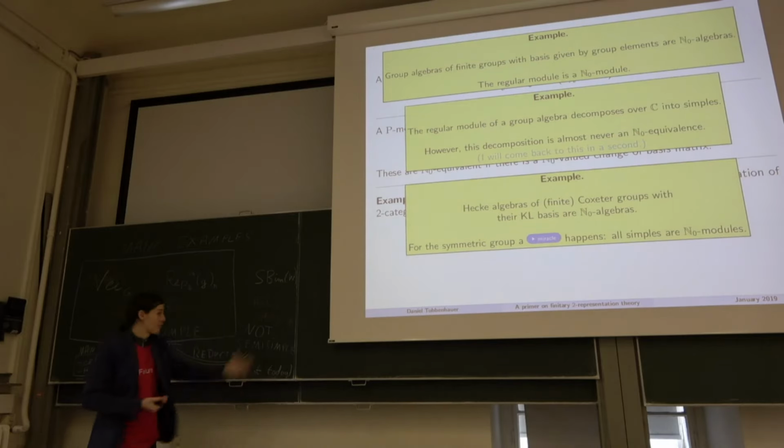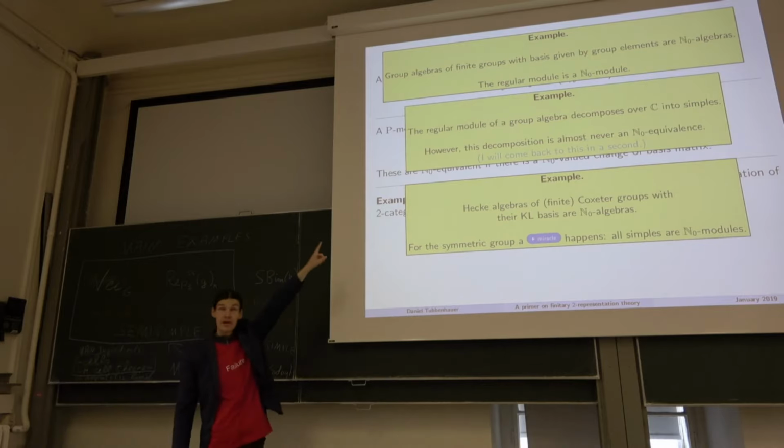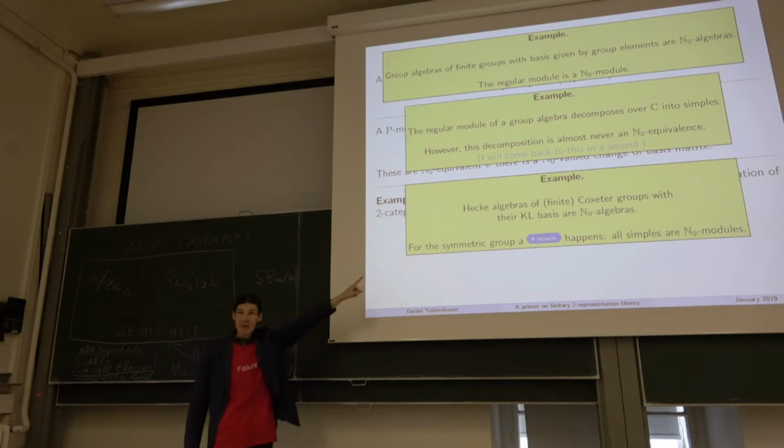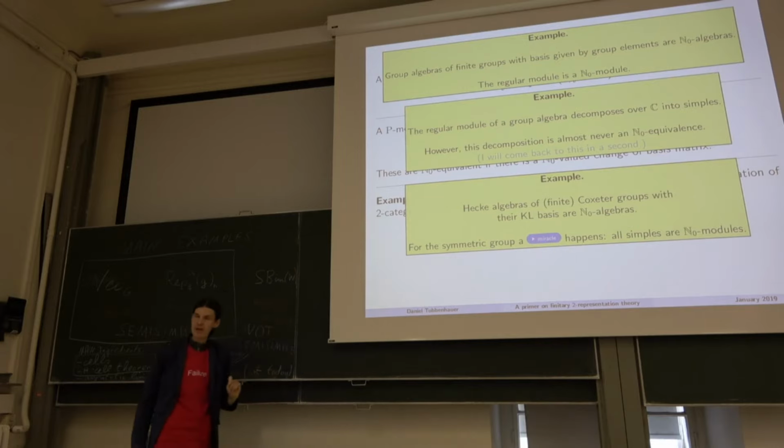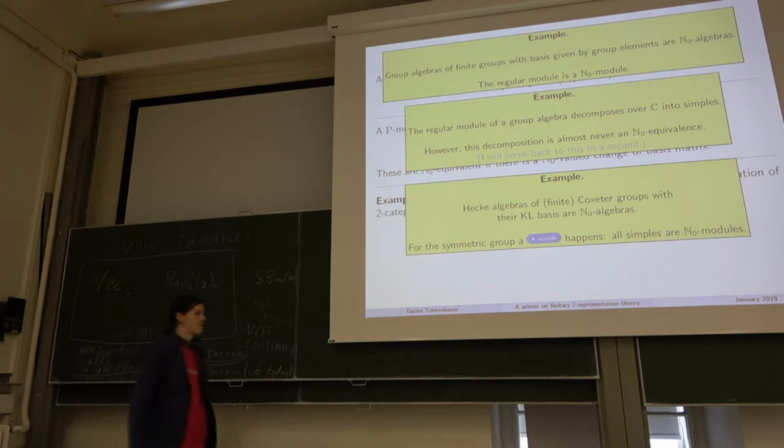Another example is, of course, this one. So Hecke algebras, in contrast to the upstairs one, let's say for the symmetric group, you can either fix the KL basis or you can fix the group element basis. You get completely different answers, okay? It's very important that everything depends on the fixed choice of basis.